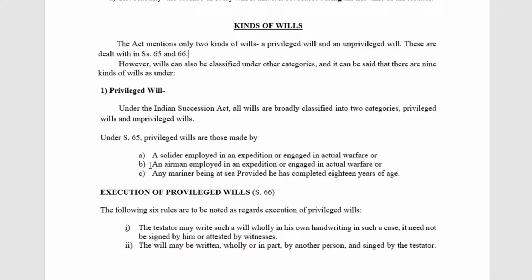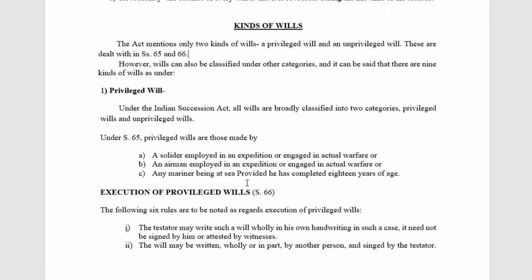And what are the conditions? They can make this privileged will when they are on expedition, when they are engaged in actual warfare, or when they fear, with apprehension of death, during warfare.